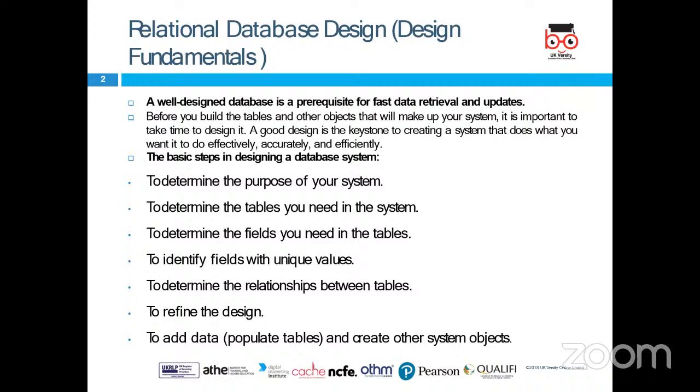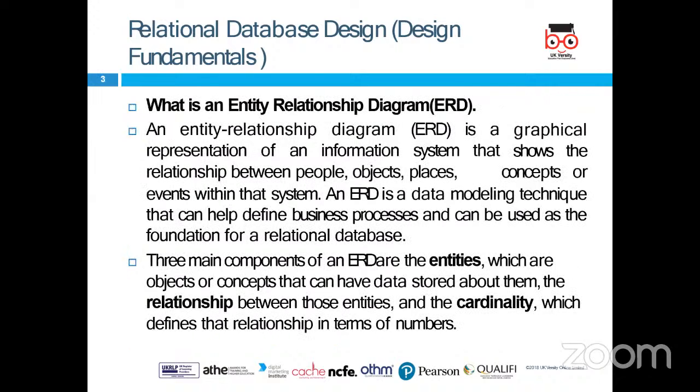Then we're going to identify the fields with unique values. Also, we have to determine the relationship between them and refine this design. Once all this has been done, we have to add data, which means we have to populate our tables by adding data into all the fields in order to create the objects.